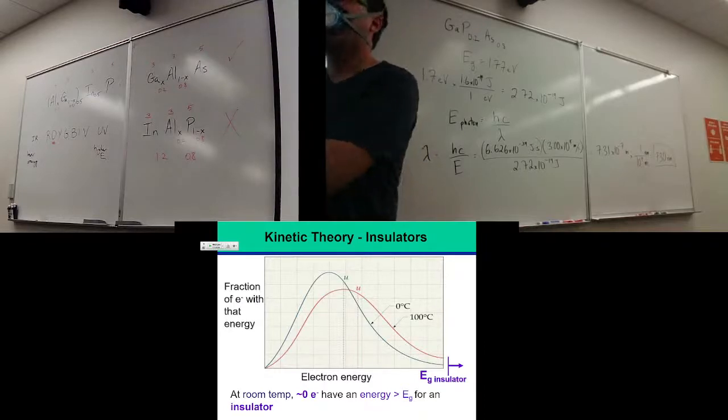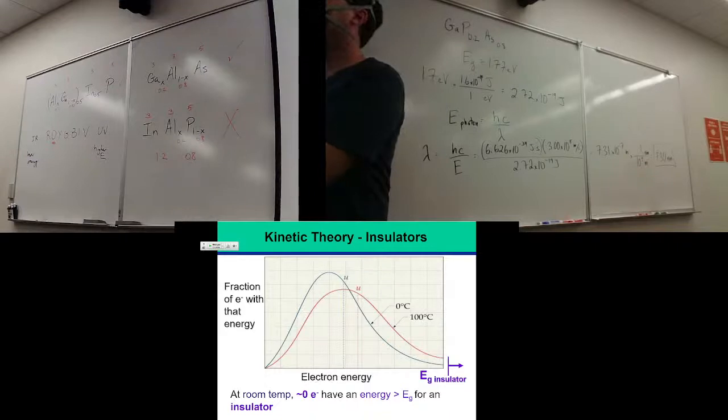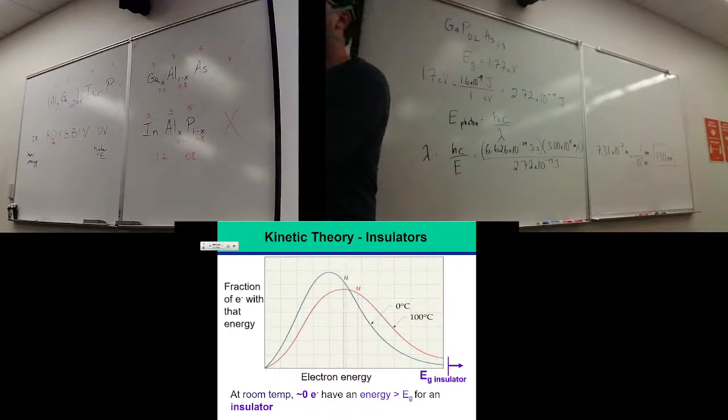In the group 4 material, the valence band is completely full of electrons. There are no empty MOs. And so if your electrons are just in that band, they cannot move to an empty MO in a neighbor because there's no empty MOs in a neighbor. So they're not mobile. They have to be in the conduction band so that they can travel to a neighbor's empty MO in the conduction band.